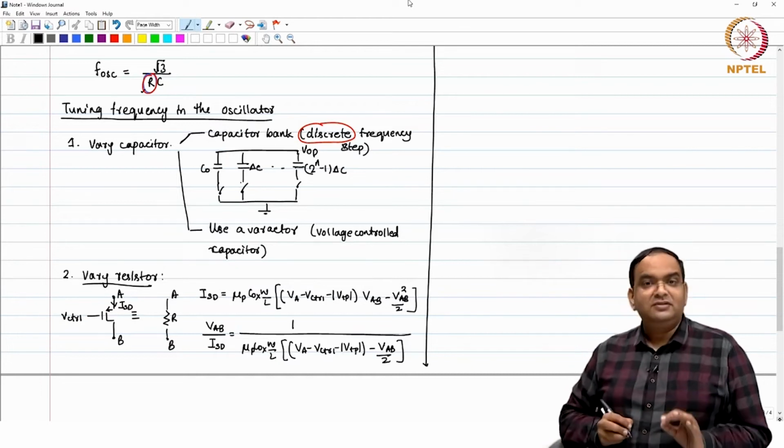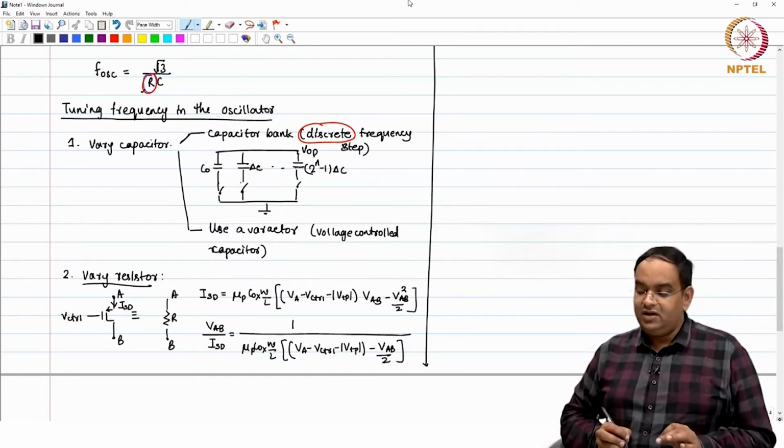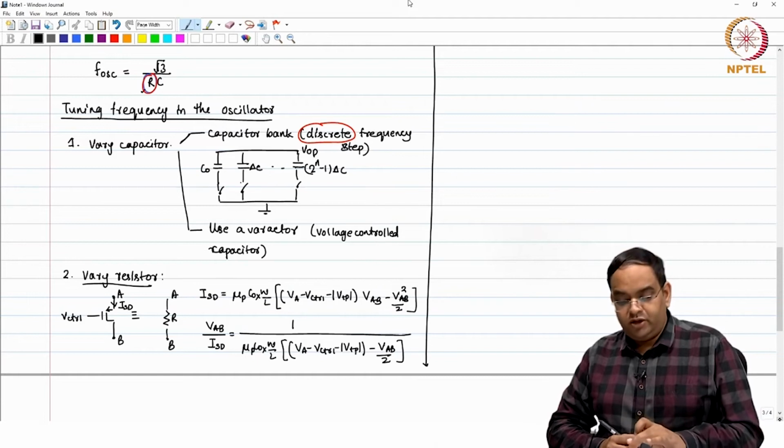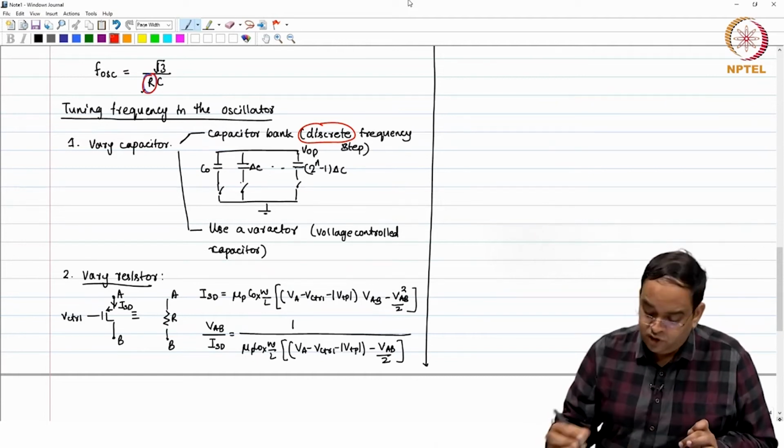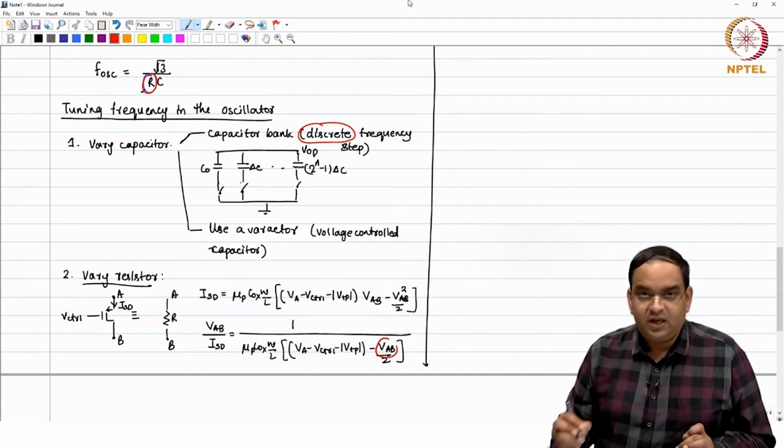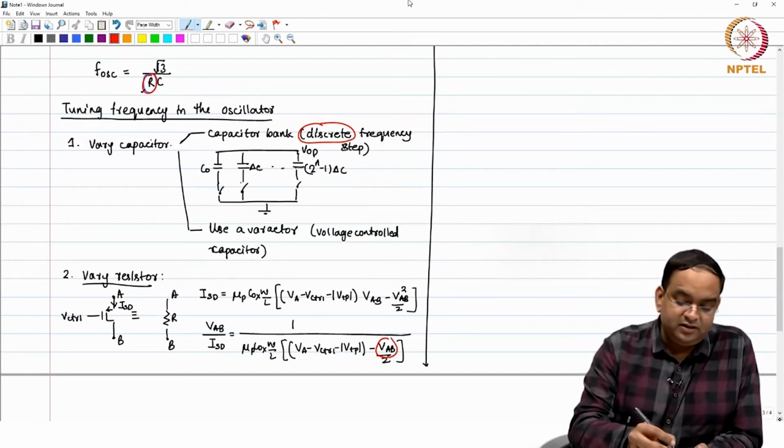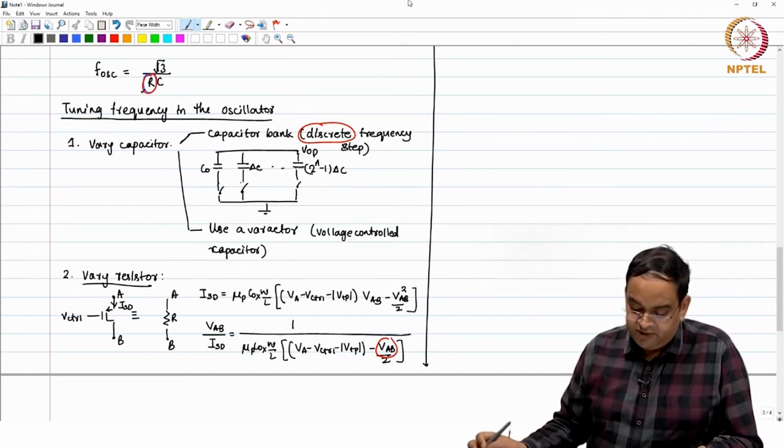So, you see that this resistance is actually depending on the VAB value also. It is not an ideal resistance, it depends on VAB.